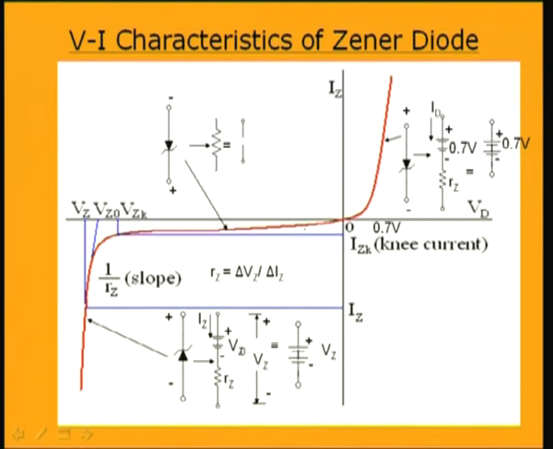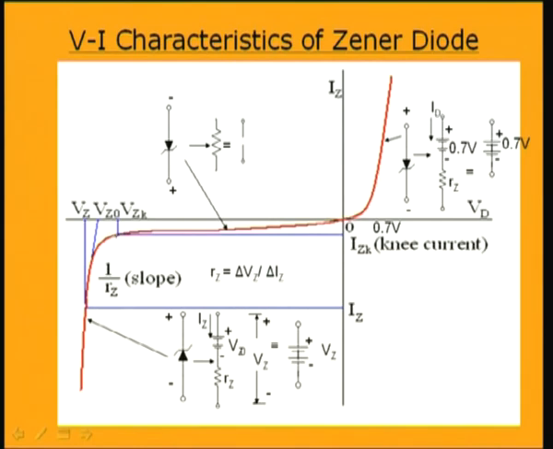If we go on increasing the reverse bias potential even further, then we will see that after a point the current is rising sharply, but the voltage is almost the same. That is, the voltage is maintained constant, but the current is rising significantly. That means here the Zener breakdown is occurring.